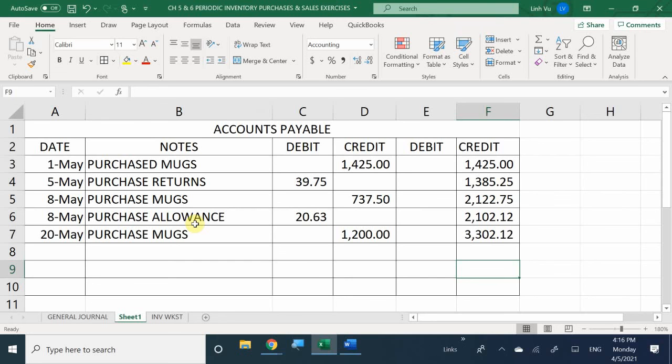Okay, so in this case, we adjusted our accounts payable because they charged us in the first place and we got a refund. Now, did they charge us for the full 1200 yet?